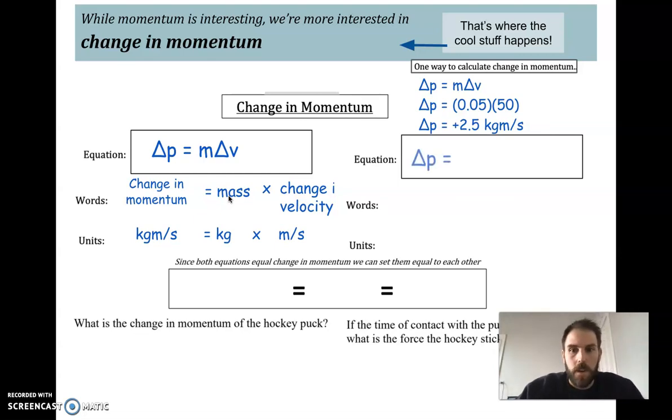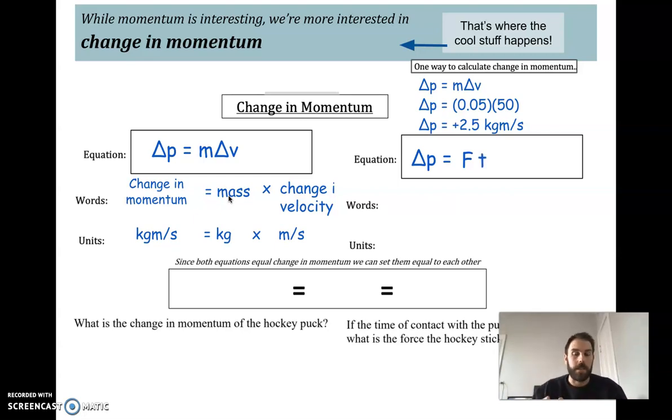All right? And so change in momentum, delta P, is going to be equal to... we could think of what are some things that could change the momentum of an object. You can imagine, for instance, our hockey puck example. What's causing the object to change its momentum is a force, right? And another thing that would be a factor in that is also the time.